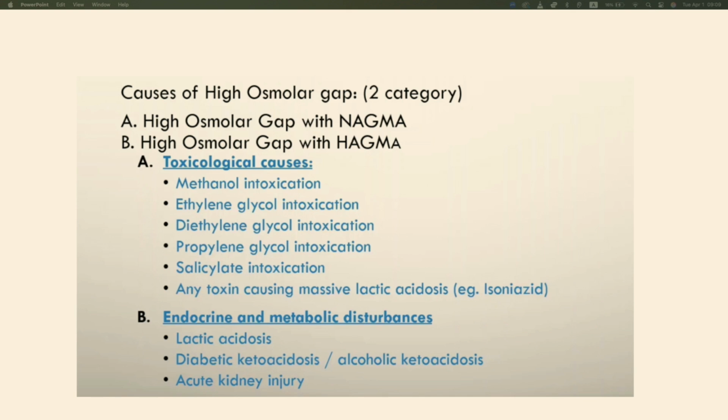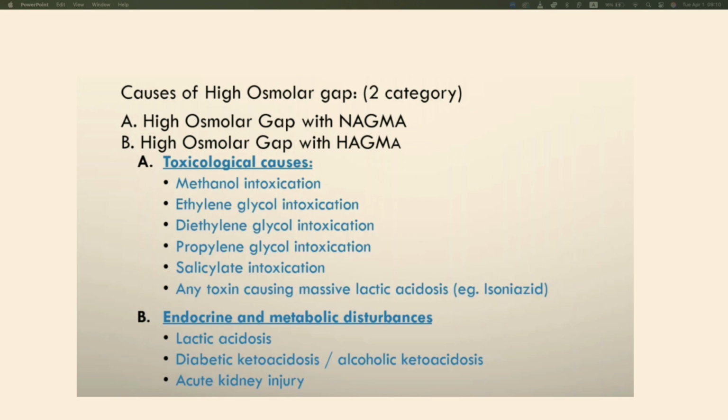Now your serum osmolarity, which is the one which is calculated, and the one which you get from the lab, if you tell your lab to do serum osmolarity, if the difference is more than 10, then that means high osmolar gap. Now it could be with NAGMA, meaning normal anion gap metabolic acidosis, or it could be with HAGMA.